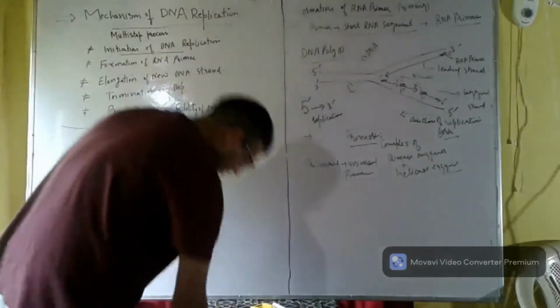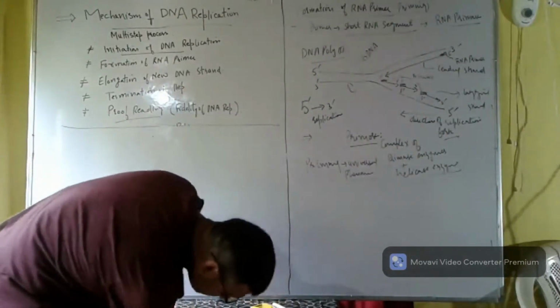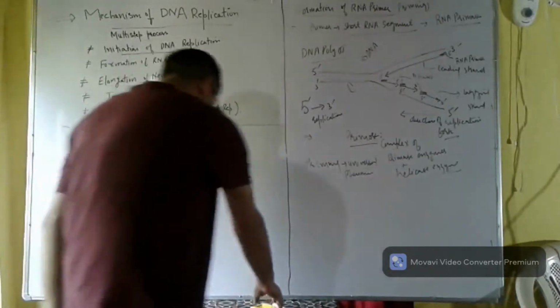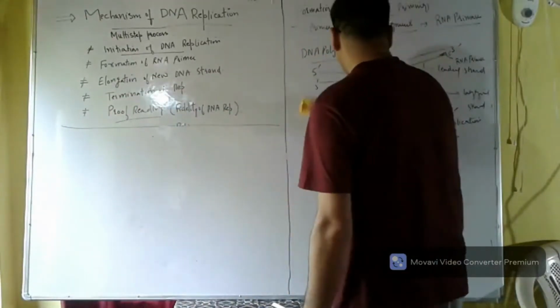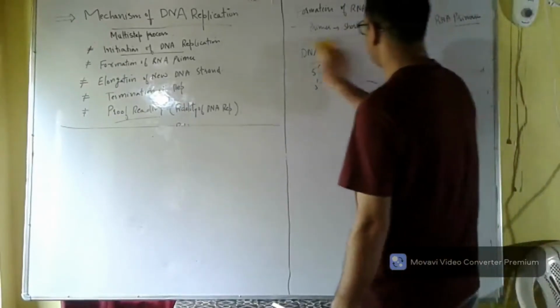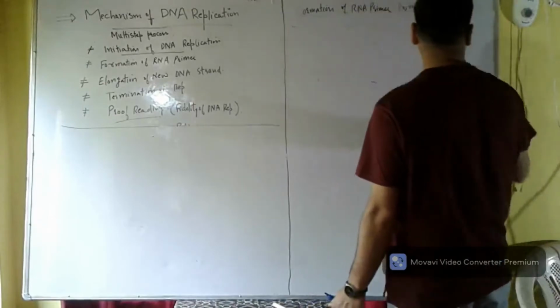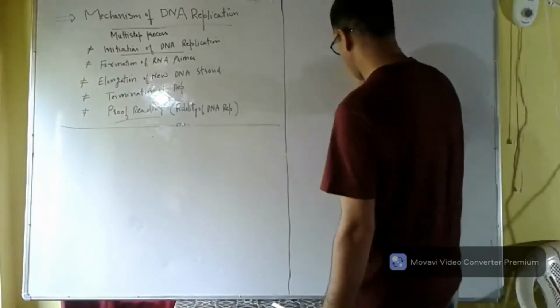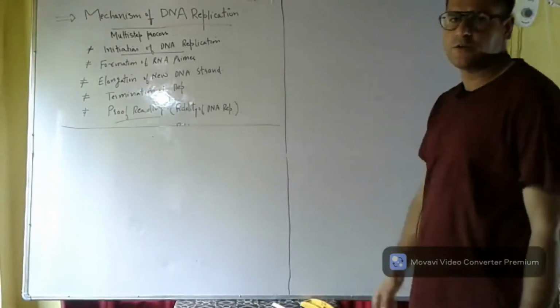The third step is elongation of the new DNA strand. Priming is a universal phenomenon.